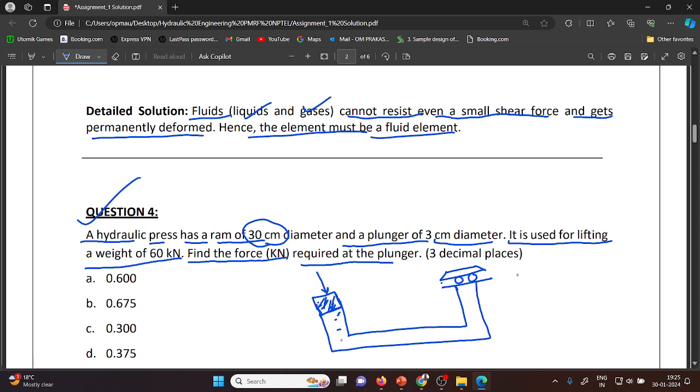In between, the fluid is filled completely. The weight being lifted is W, 60 kilonewton. How much force do you need? This type of question you can expect in the final NPTEL exam, and also in competitive exams.